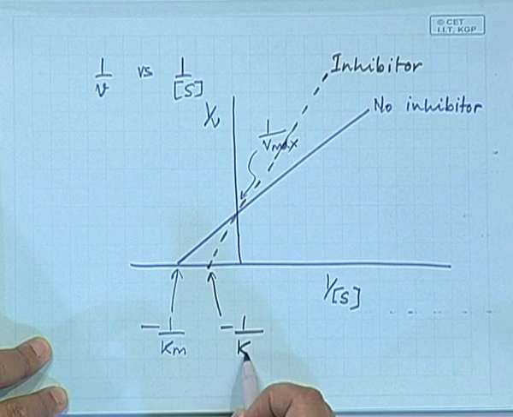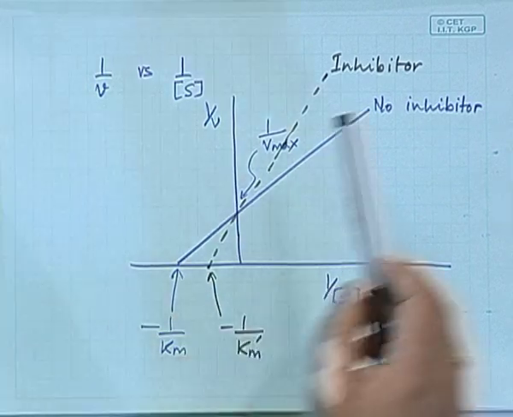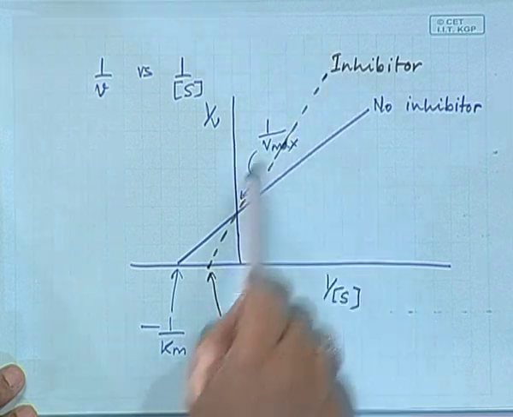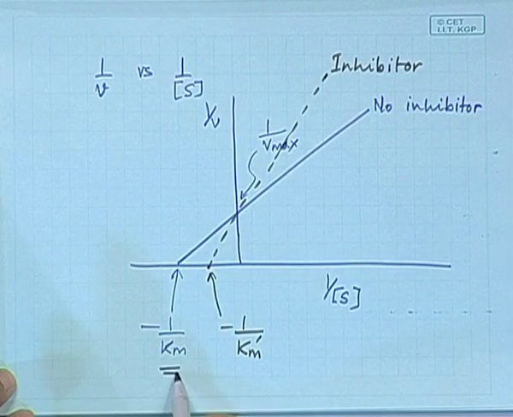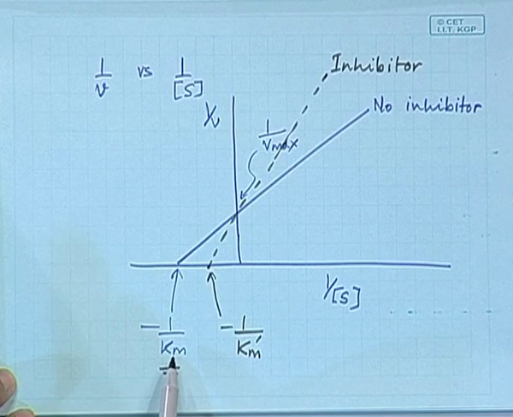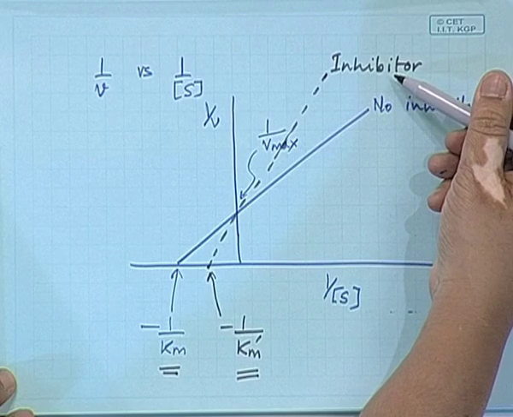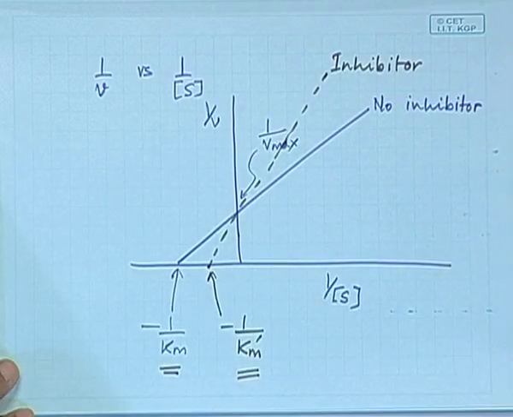One minus Km prime. Fine. So, I have no inhibitor in one case. In the next case, so what can I now determine? I can determine my Km values for the uninhibited enzyme and the Km prime value for the presence of the inhibitor. And I can also find out what Vmax is.